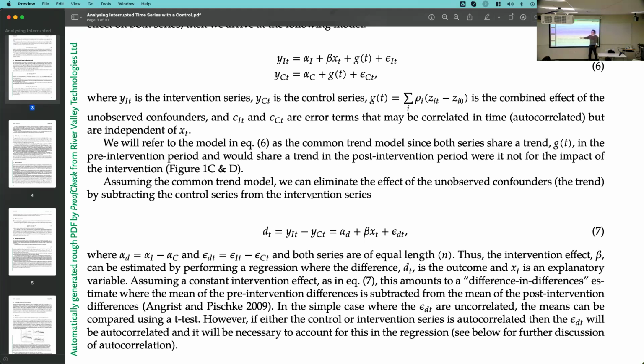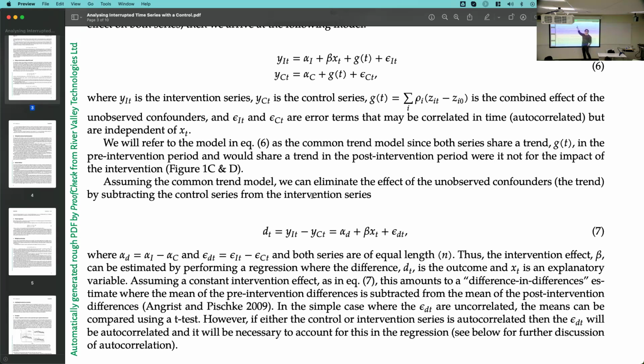You're automatically eliminating all of the effects of these unobserved confounding factors, because by design, you expect them to impact the control group as well as the treatment group. Remember, that was a key assumption: the control group must be subject to the same confounds as the treatment group.